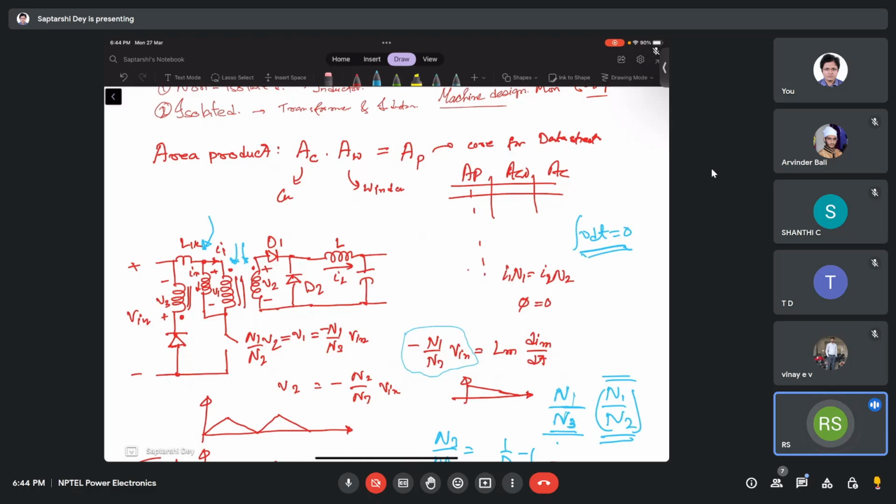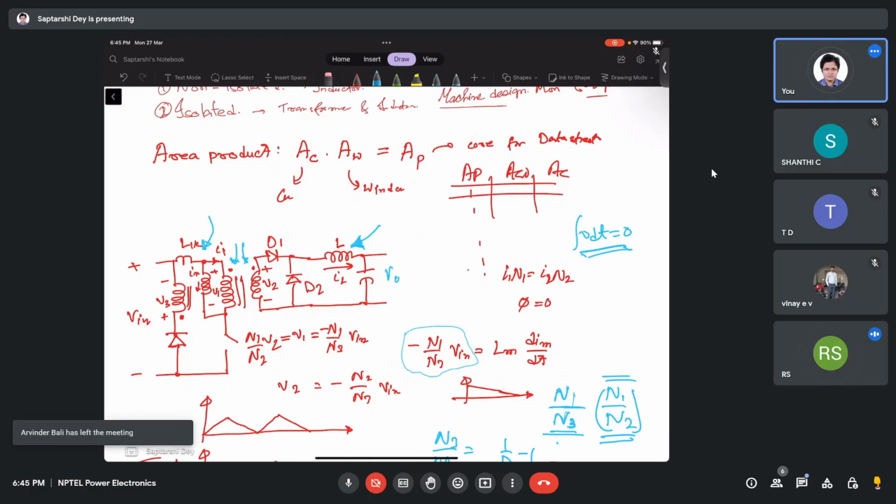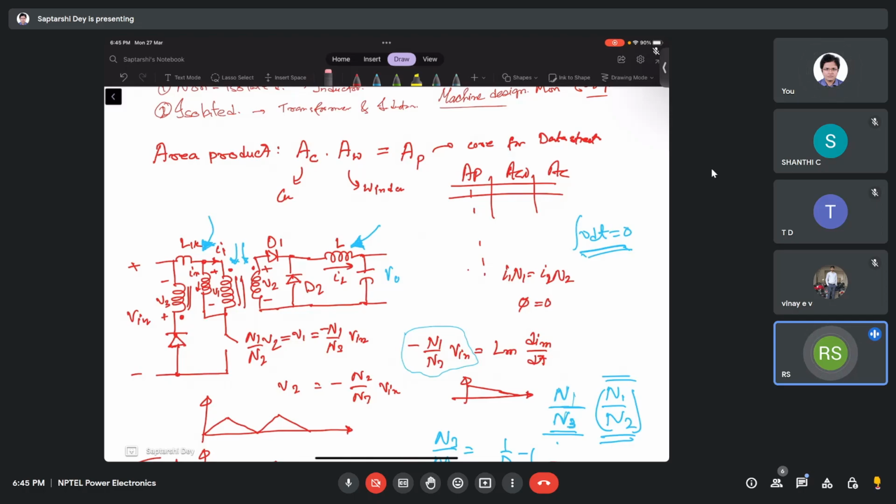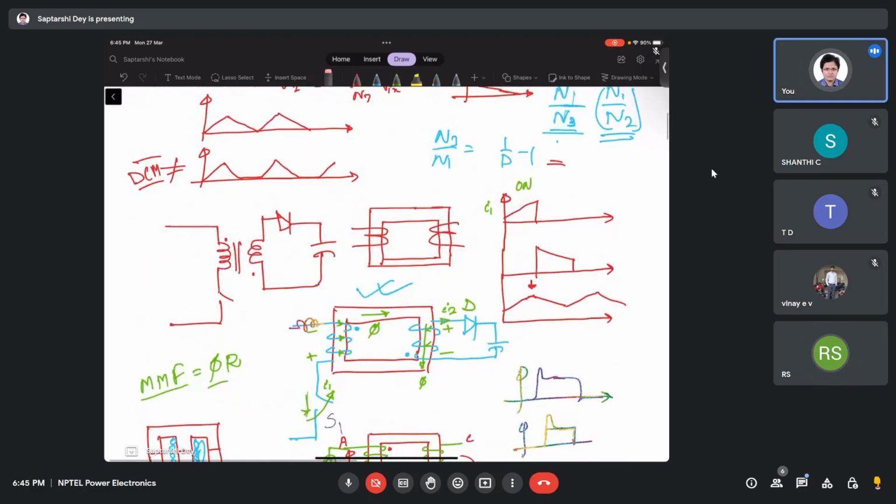If you do volt second balance in this inductor, you will get the voltage relation between input voltage and output voltage, whereas volt second balance in the other inductor will give you the condition for complete discharging of the stored energy of the transformer. But in flyback, we can do it in the winding itself because it is an inductor, so you can do volt second balance in both places.